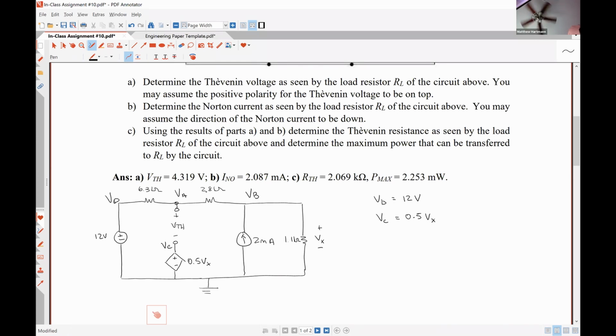What's Vx going to be in terms of our nodal voltages? VB over 1.1 kilo ohms. So VB divided by 1.1 kilo ohms is the current flowing down through the 1.1 kilo ohm resistor. Why not just be VB? That's exactly right.